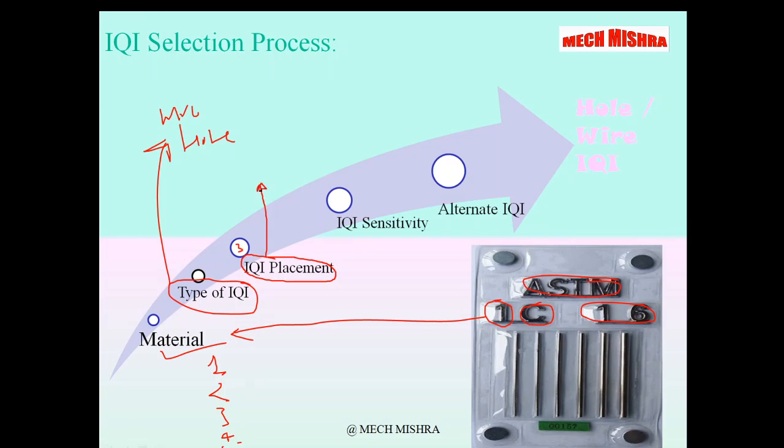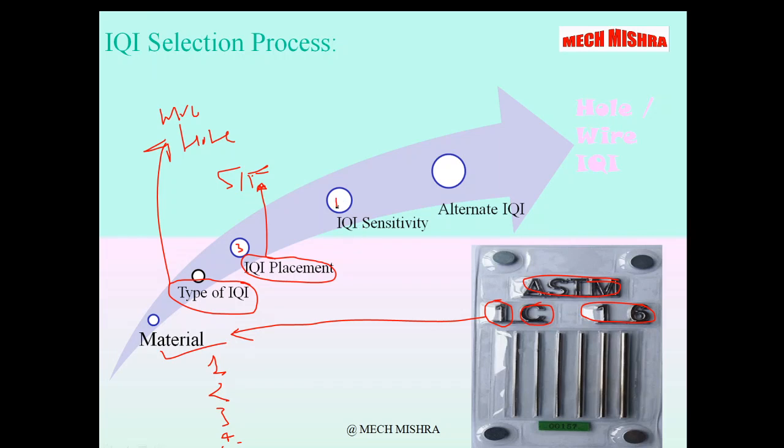Either it should be placed source side or it should be placed film side. This is also a very crucial factor which we need to consider. There are some comments given by the code ASME Section 5 which need to be followed. So this is the third: source side or film side.